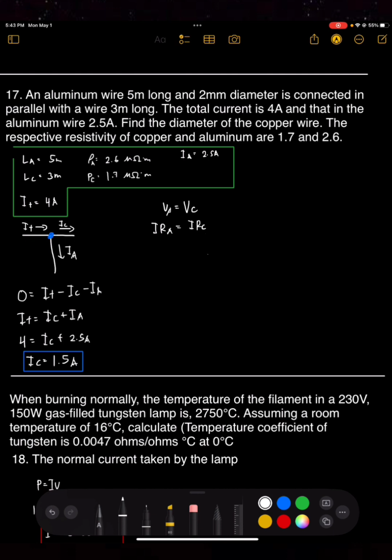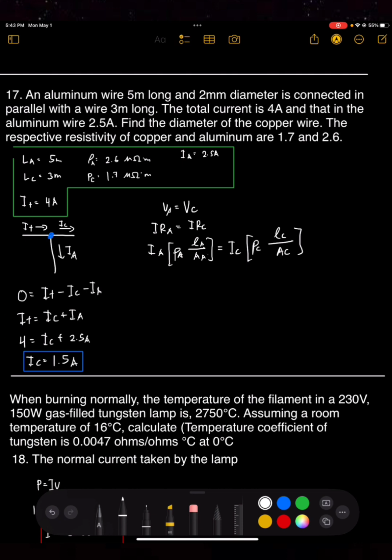Since we don't have the resistance here, but we have the resistivity, we can also expand the resistance into the formula of R equals rho L over A. So I aluminum times resistivity of aluminum, length and area of aluminum equals to I copper, resistivity of copper, length of copper, area of copper.